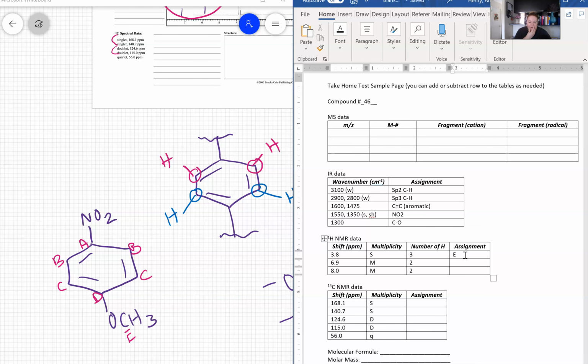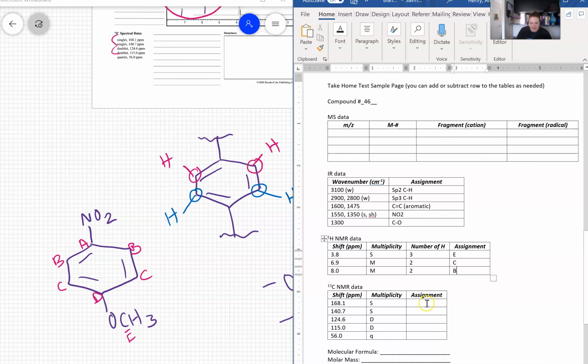Now for the benzene hydrogens, this one can be a little bit trickier, but the one that's closer to the electronegative group will have a higher number, and the nitro group is actually more electronegative just because it has so many electronegative atoms. And so that, oh, but I did that backwards, didn't I? See? B, there we go.